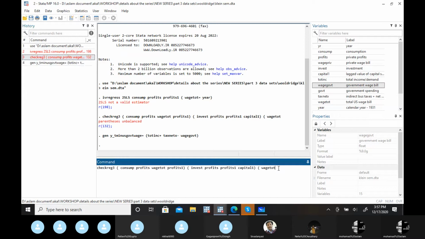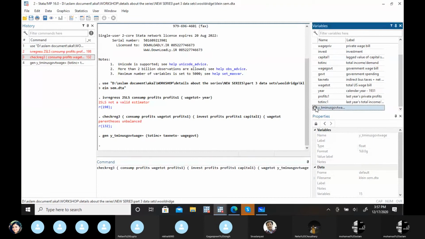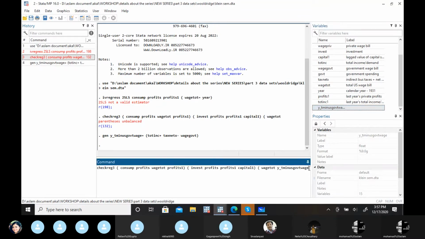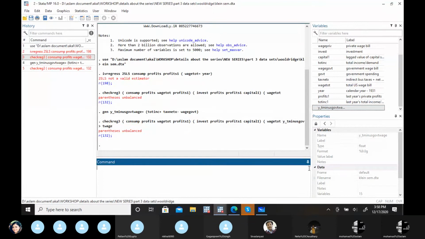Let's continue with this equation. Total wage will depend upon this particular variable and lag of this particular variable and time.